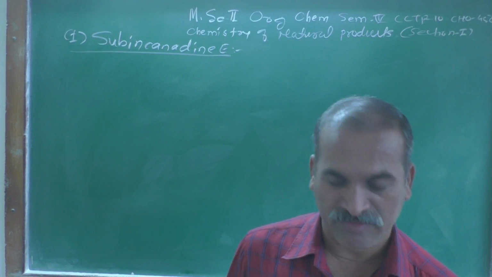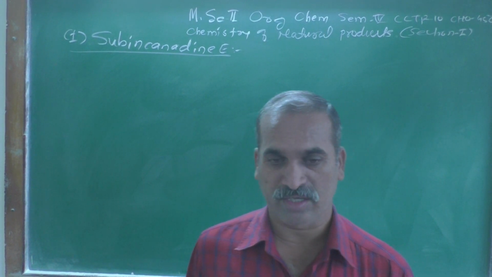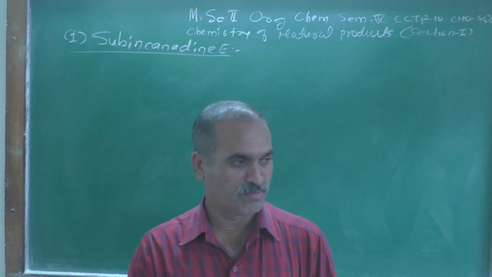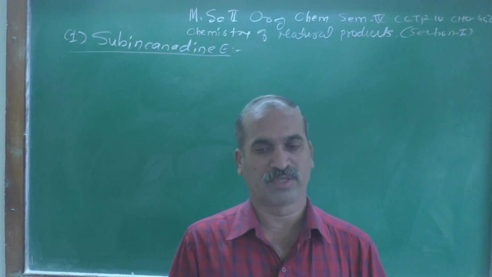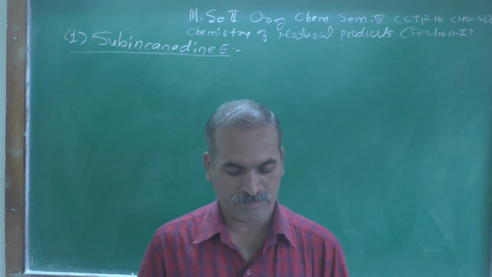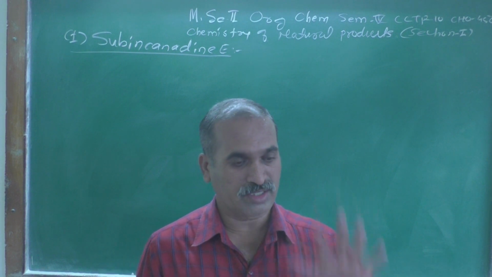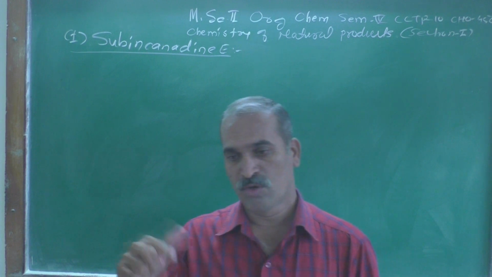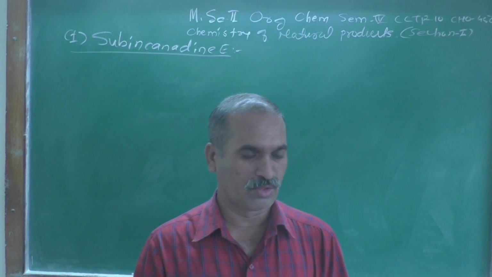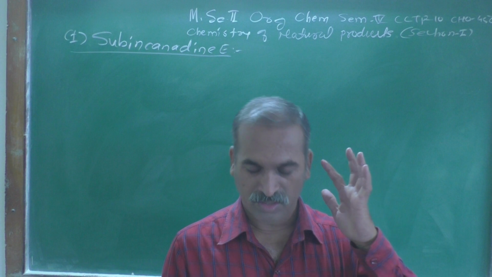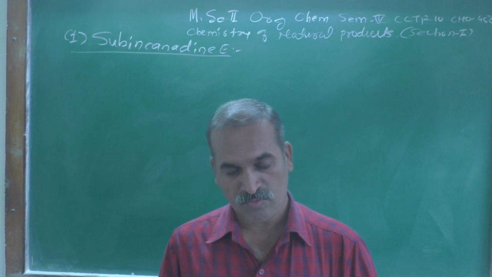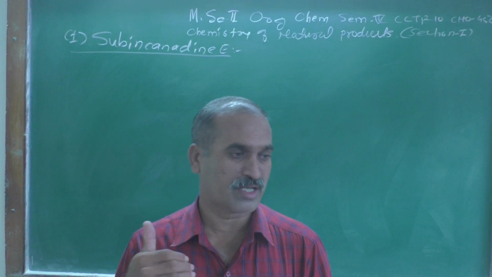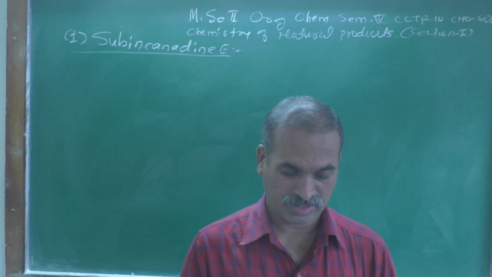1,2 addition of Grignard's reagent, as we know Grignard's reagent is the simplest reagent which we can prepare easily in the laboratory. Grignard's addition can occur 1,2 toward the carbonyl group, or 1,4 if there are alpha beta unsaturated compounds present.